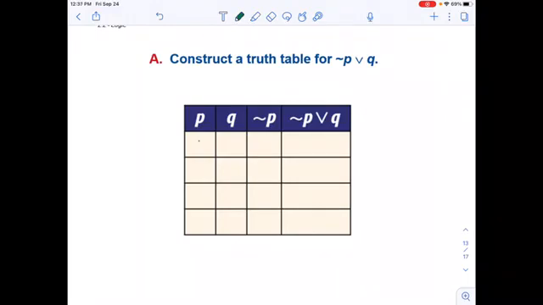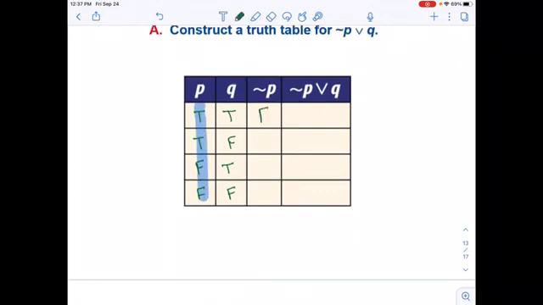I find it easiest to make half of my boxes in my first column true and half of them false. Then I do every other for the next. You'll notice it changes a little bit if we do a larger set. So now I have every possible combination. I have true, true, true, false, false, true, and false, false. Then I need to do not P, which means I look at the P column and write down the opposite.